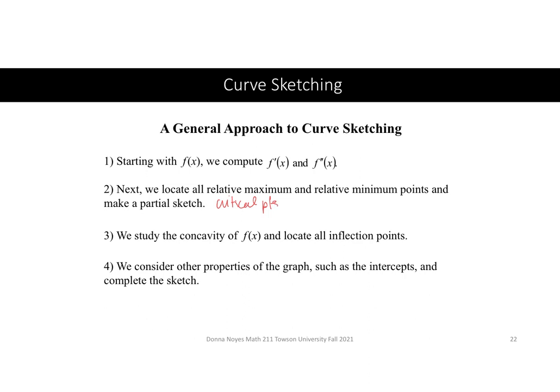Then we're going to find all of our inflection points and our concavity. And we're going to then be able to incorporate the concavity with the maxes and mins. And along with our maxes and mins, not only are we finding critical points, we're also going to be finding where the function is increasing and decreasing.